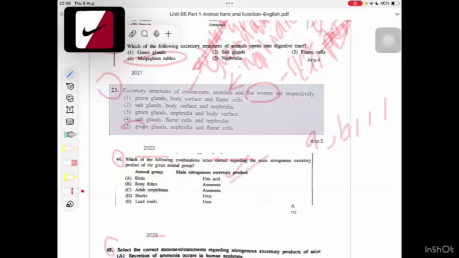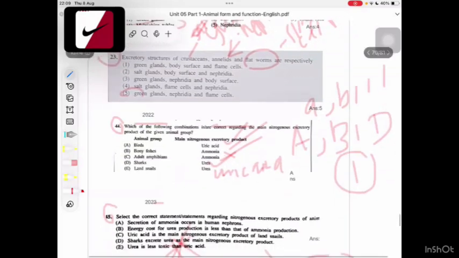No, it's actually the young amphibians that excrete ammonia. The adult amphibians are terrestrial. They excrete urea, right? Sharks, urea, correct. Land snails, urea, no. Uric acid, right? Therefore, answer is A, B, D. Answer is 1, right? Okay.